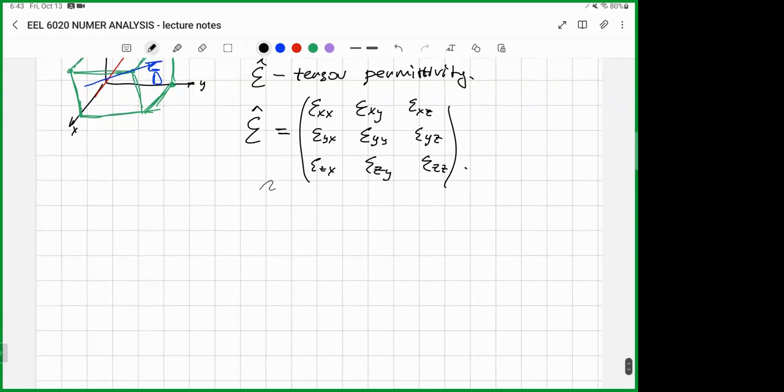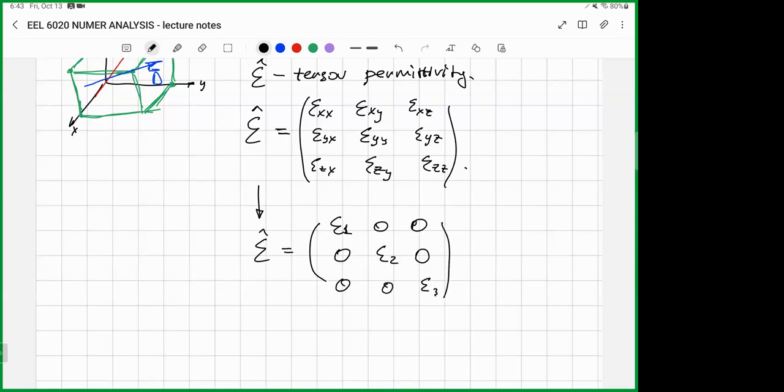So this one can be transformed to a much simpler form, like this: epsilon 1 0 0, 0 epsilon 2 0, 0 0 epsilon 3. So sometimes the permittivity is an anisotropic parameter, so it's described by the tensor.